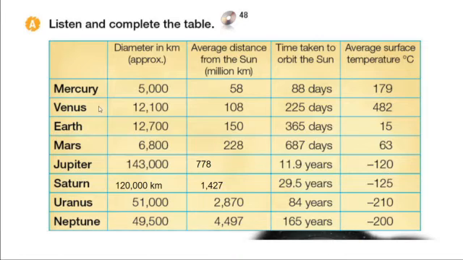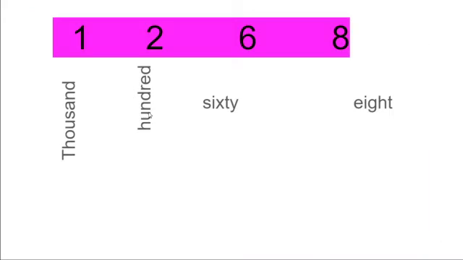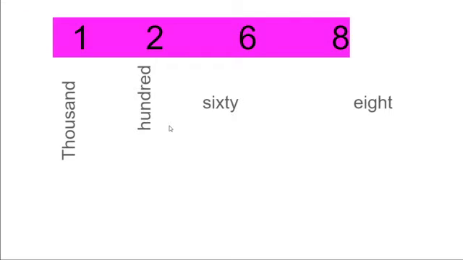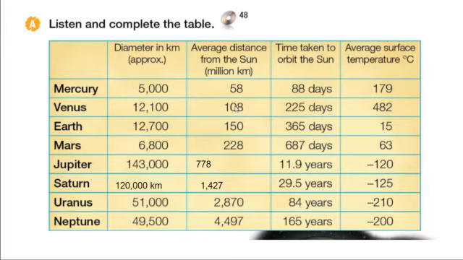Vamos a aprovechar a hablar de Venus, nuestro planeta, que vamos a ver en esta clase. Venus, su diámetro es de 12,100. Very good. Average distance from the sun. 100. Next, time to take to orbit the sun. 225 days.